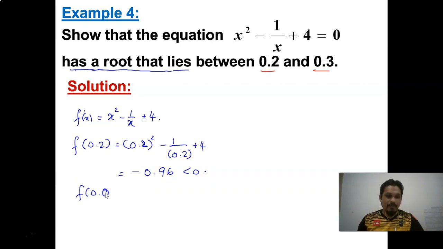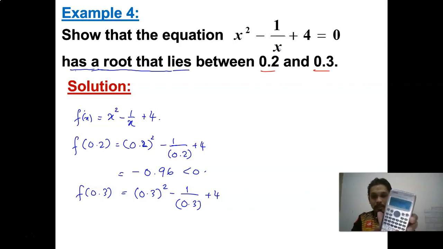Now f(0.3). Substitute x with 0.3: 0.3 squared minus 1 over 0.3 plus 4. I'll try again: 0.3 in bracket squared minus 1 divided by 0.3, plus 4.